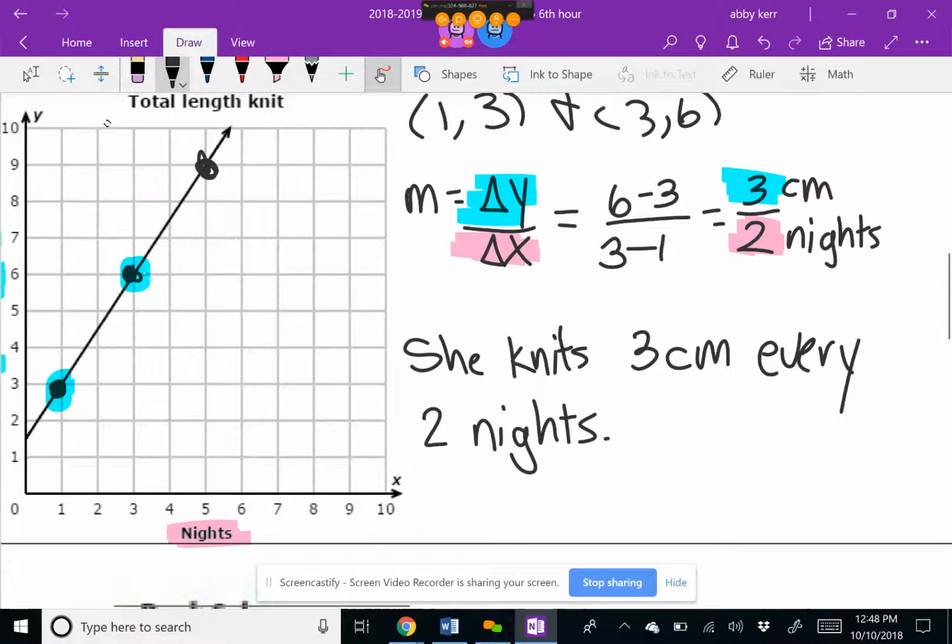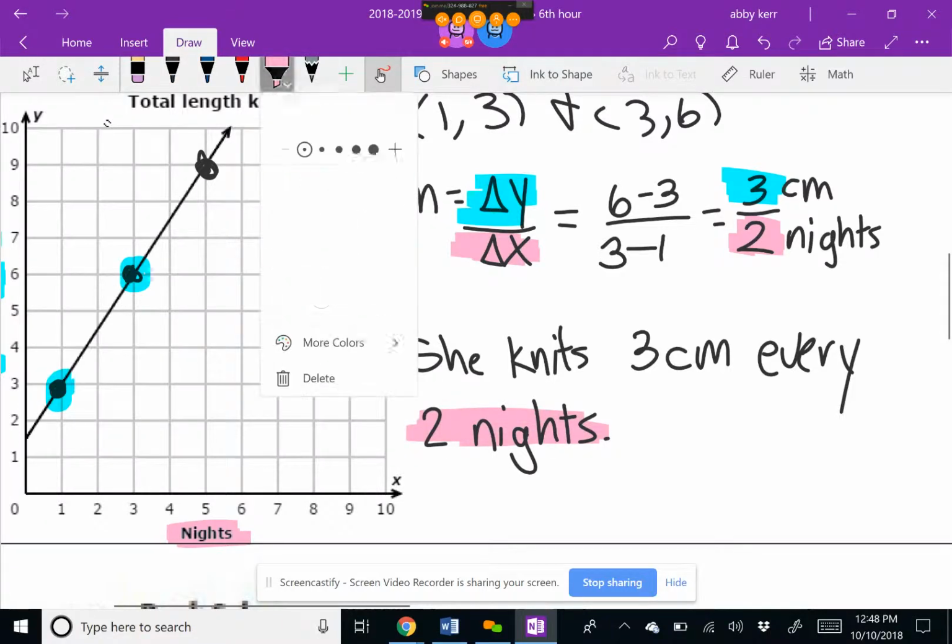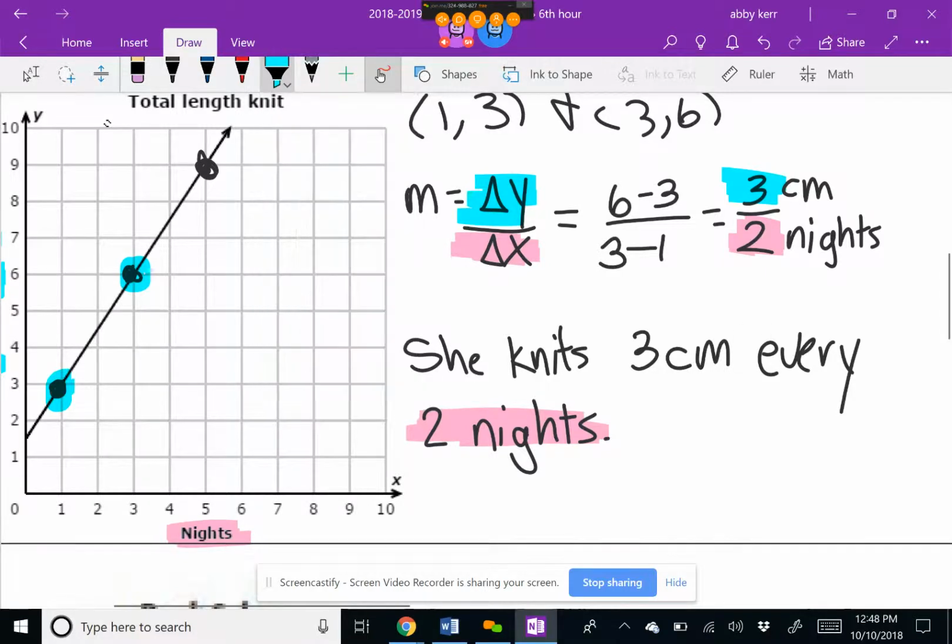The only thing that I'm looking for is that you're talking about the 2 nights, that you're talking about our numerator, our 3 centimeters, and that it's a complete sentence. Capital letter in the beginning, punctuation at the end.